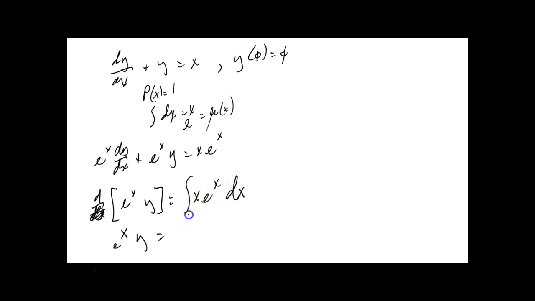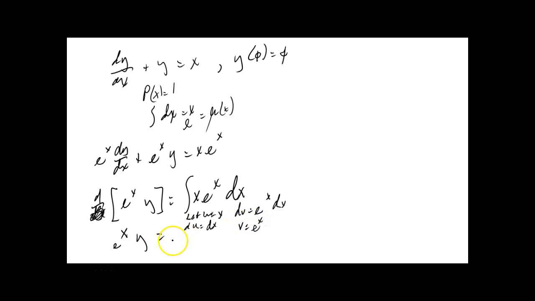How do we do that? U equals x, and dv is equal to e to the x dx. Okay, next. du is equal to dx. v is equal to e to the x.